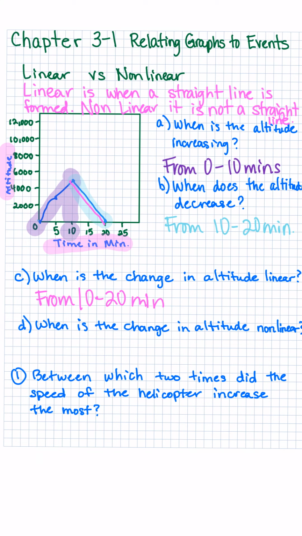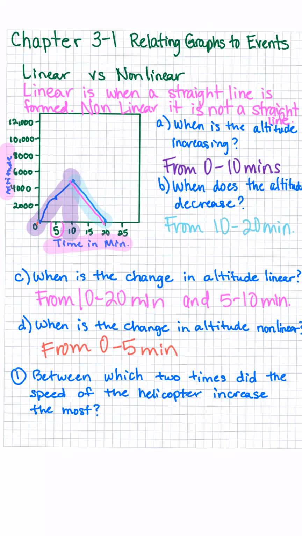It's linear right here also, so from 5 to 10 minutes. See, I just followed that down. So from 10 to 20 minutes and 5 to 10 minutes. When is the change in altitude non-linear? So it's non-linear right here from 0 to 5 minutes.